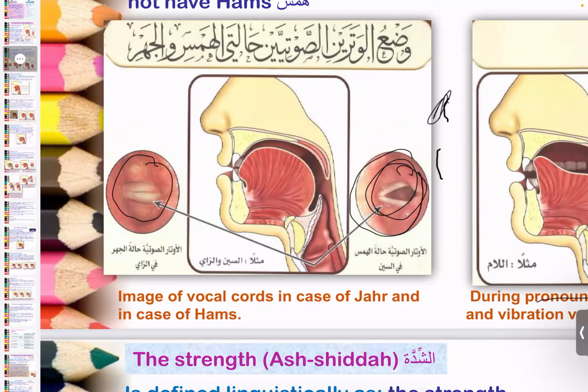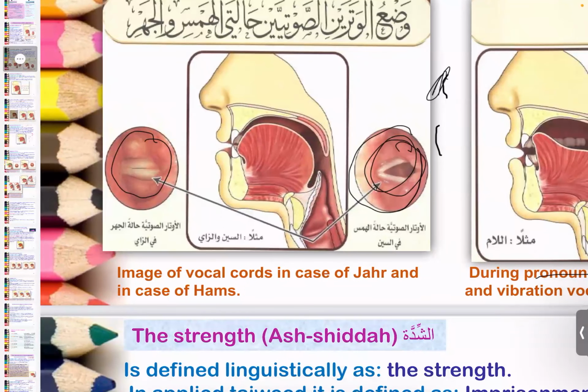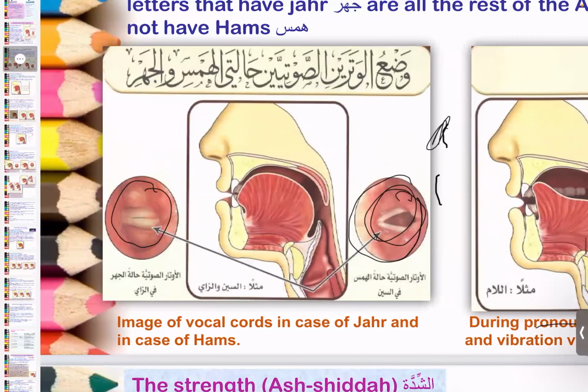That's the reason it has Hams, because the air is running out through this articulation point for the letter Seen, and also the vocal cords are open. I think for today this is enough.